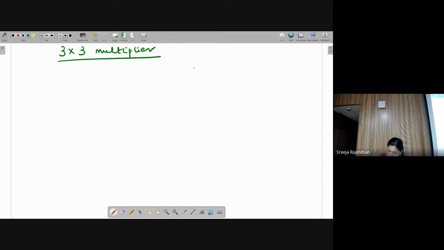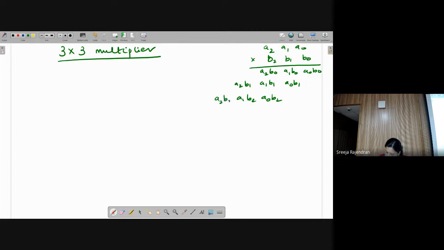So here, if I'm going to multiply 3-bit numbers, it's A2, A1, A0 and B2, B1, B0. So I get A0B0, A1B0, A2B0, then I get A0B1, A1B1, A2B1, then A0B2, A1B2, and A2B2.